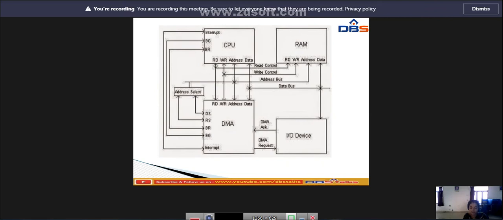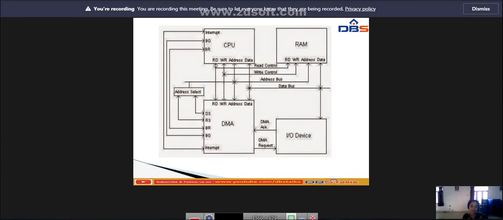The DMA then puts the current value of its address register into the address bus, initiates the read or write signal, and sends a DMA acknowledge to the peripheral device.